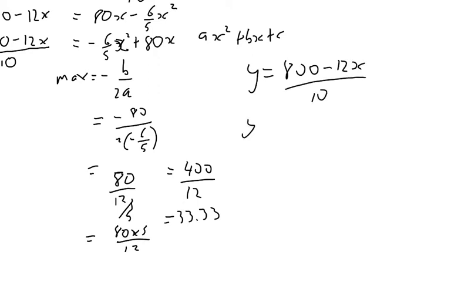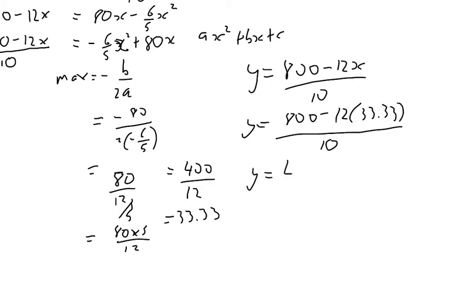If we substitute x into that, y equals 800 take 12 times 33.33 divided by 10, and we get a value of y equaling 40 meters. Now these are in meters, obviously. So that means the dimensions will be 40 by 33.33.